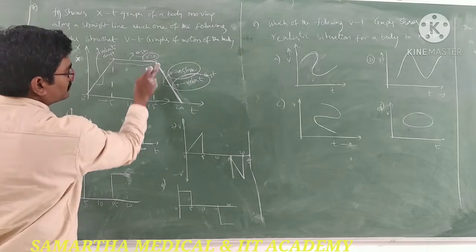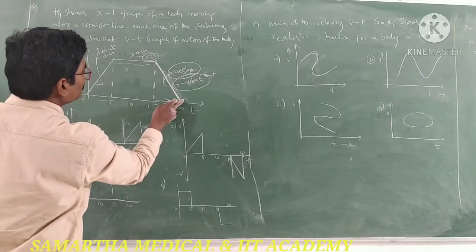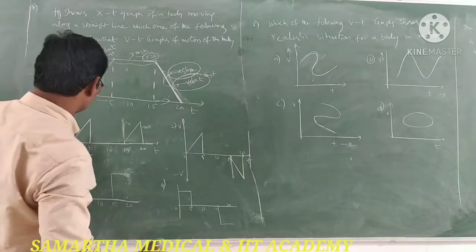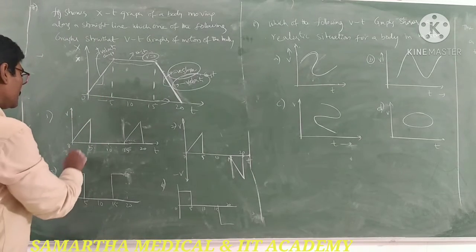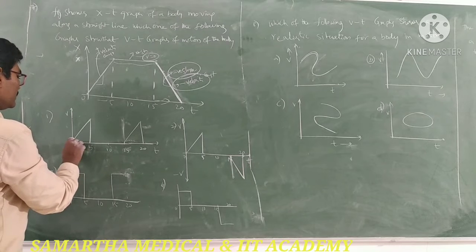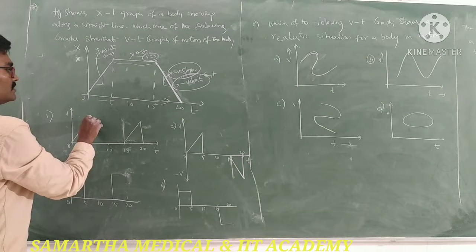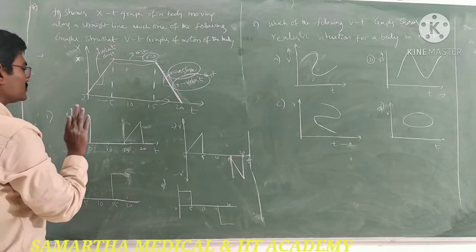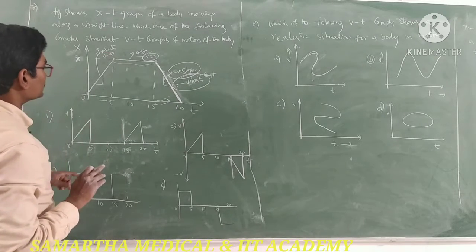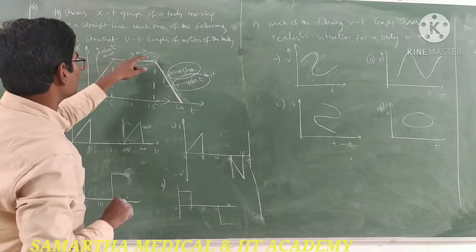Again after 15 to 20, the same value, but with negative velocity. If you observe all the graphs, see here velocity from 0 to 5 is increasing. But here it is constant velocity. Next, the second point you need to notice: from 5 to 15 velocity is 0.